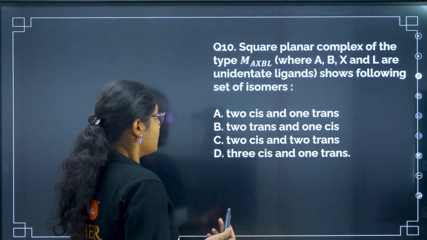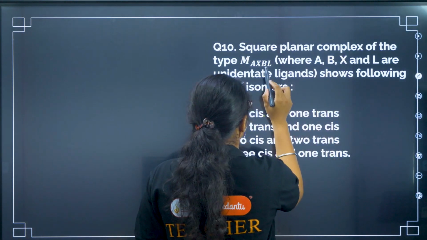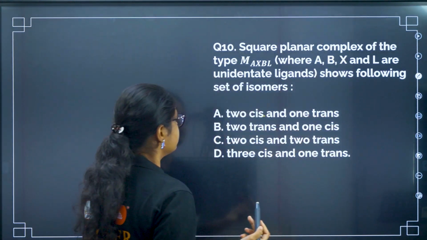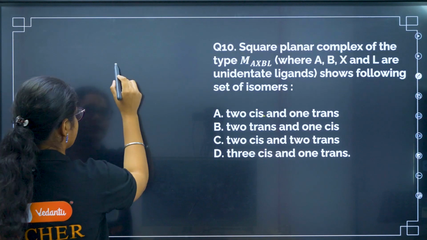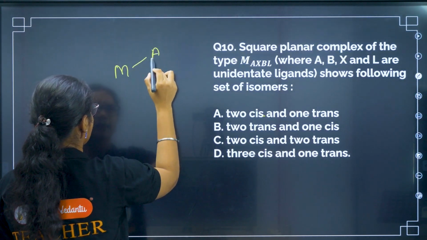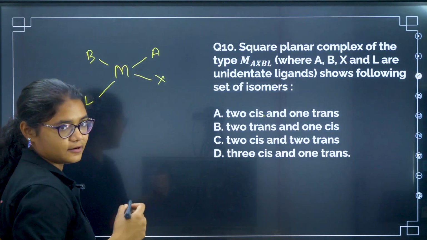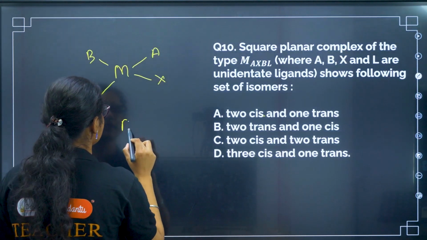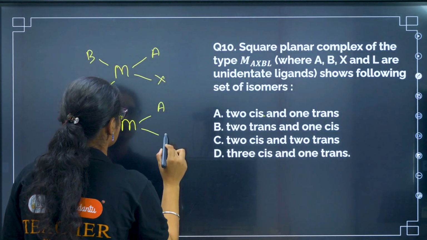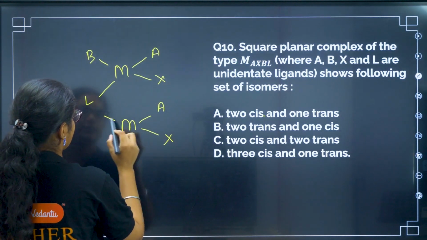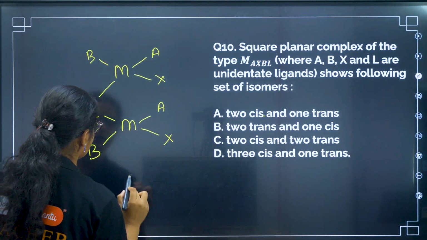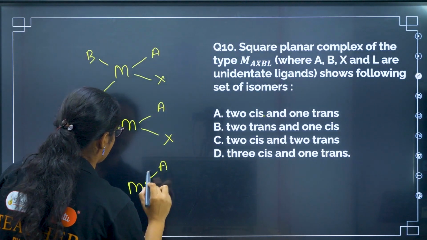Okay, next. A square planar complex of MABXL type can show which type of isomers? See here, MABXL. These are all different groups, right? So this is one possibility. You can have L and B here, and one more.